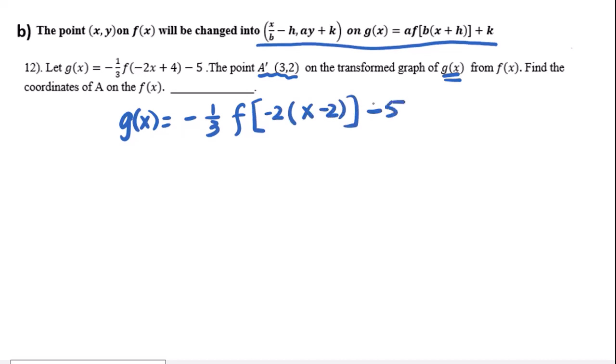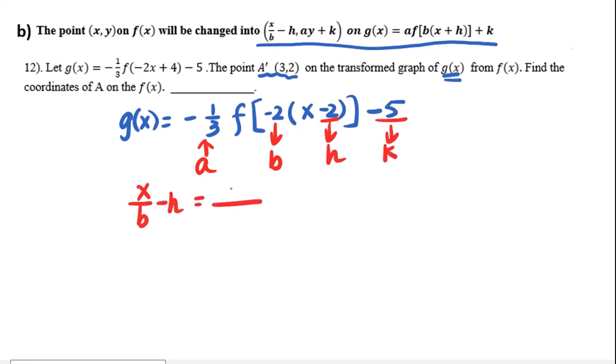Then minus 5. This is A. This is B. This is H. Here is K. X over B minus H equals x over negative 2 plus 2 equals negative 1 over 2x plus 2.